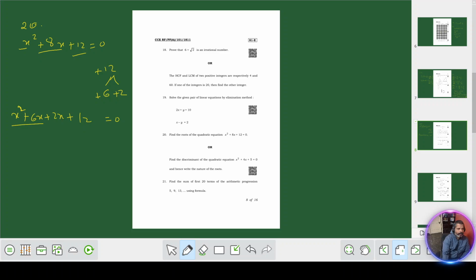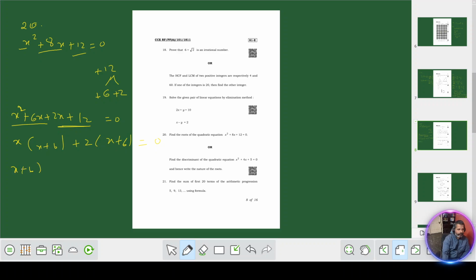Then using the common taking method, you just take the common here. X, if you take common, x plus 6 will remain. Plus 2 if you take common, x plus 6 will come. In the brackets they should look similar, so take out that common.